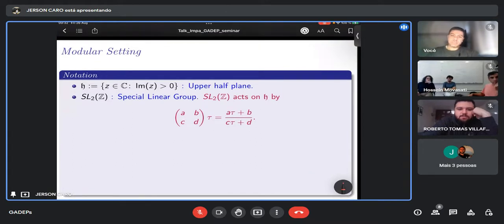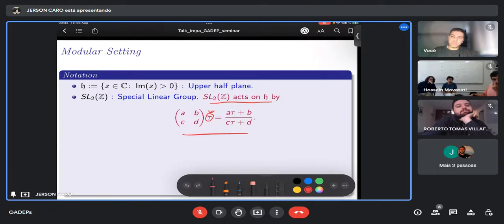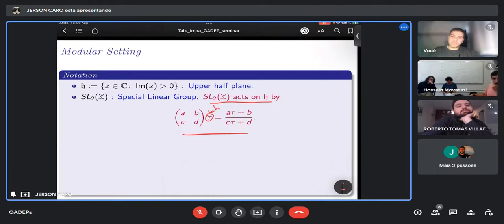We know that this group acts on H by the Möbius transformation. We take a matrix (a b; c d) and act on a tau in H by tau goes to (a tau plus b) over (c tau plus d).